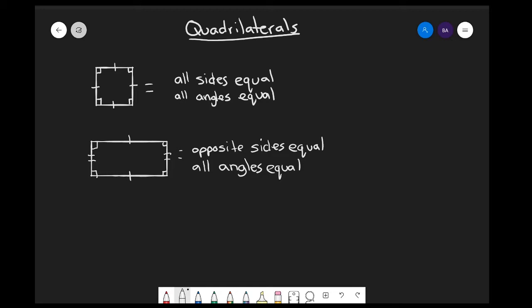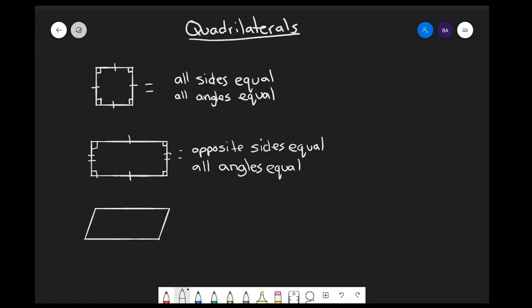The next shape we're going to look at looks a little bit like a rectangle, but it's a bit different, and I'm sorry for the squiggles on my pen. I don't know how to get it to do a nice straight line for me. So this shape here is called a parallelogram, which is really fun to say.